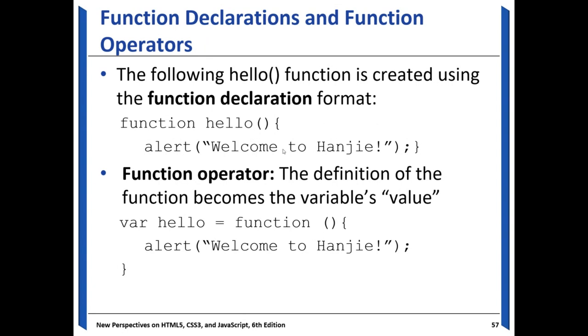So when we call the hello function, we will have an alert, a pop-up on the screen that will tell us, welcome to Hanji. The function operator in this case is the definition of the function that becomes the variable's value, as we saw here.